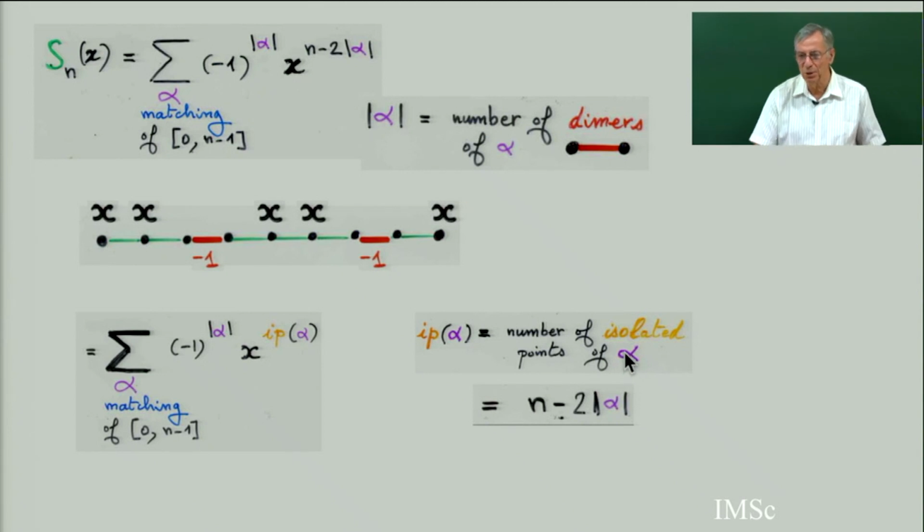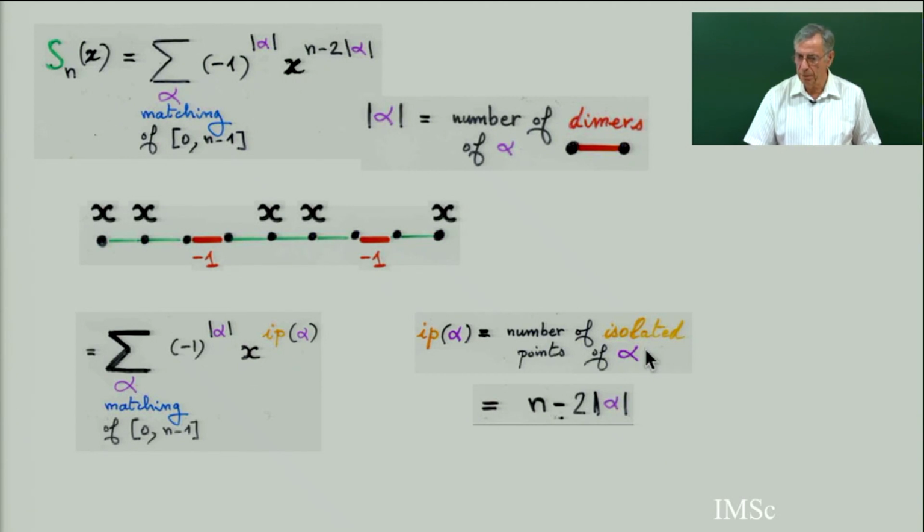I don't know if it's a good notation, but we will use it in many other chapters. So this gives you a combinatorial interpretation of the first and simplest orthogonal polynomial, the Chebyshev polynomial of the second kind.